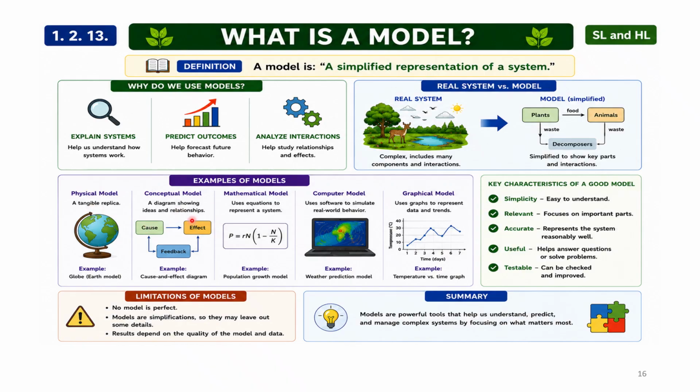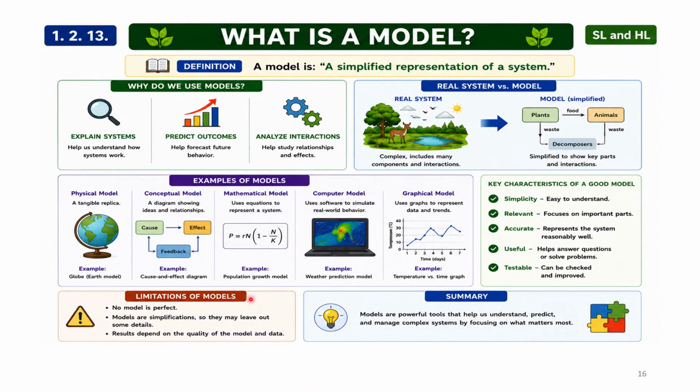Environmental scientists use different types of models, including physical models, such as a globe representing Earth, conceptual models, like food webs and feedback diagrams, mathematical models, which use equations to describe population growth, computer models for climate and weather simulations, and graphical models to display trends such as temperature or population change. A good model should be simple, relevant, accurate, useful, and testable.